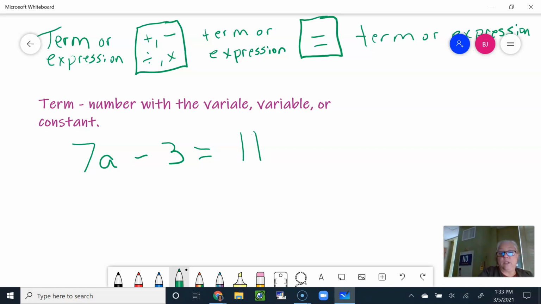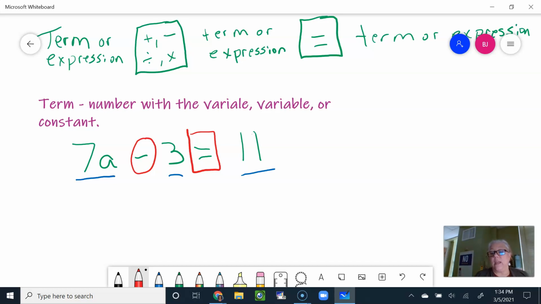This particular equation has this term 7a. It has this term 3, and then it has an equals, and then it has this term 11. Now it also has your operation right here, and it has your equal sign. It has to have an equal sign for it to be considered an equation.